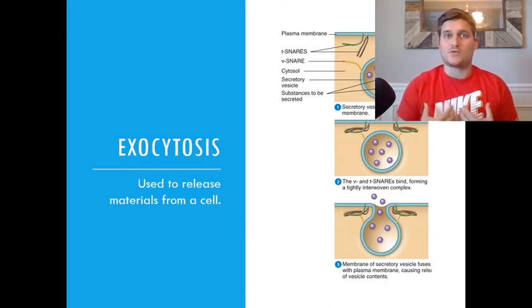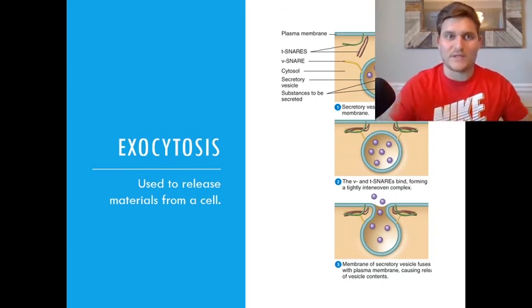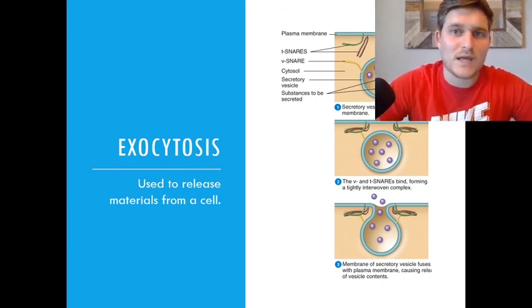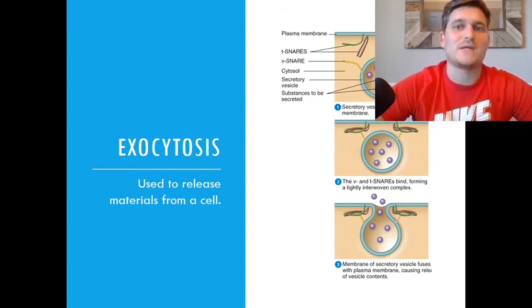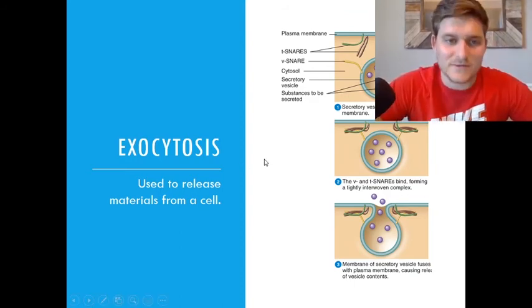However, cells also need to transport things out of the cell into the extracellular space and into the bloodstream. In order to do that, vesicles can also bind to the plasma membrane and excrete certain materials, known as exocytosis.